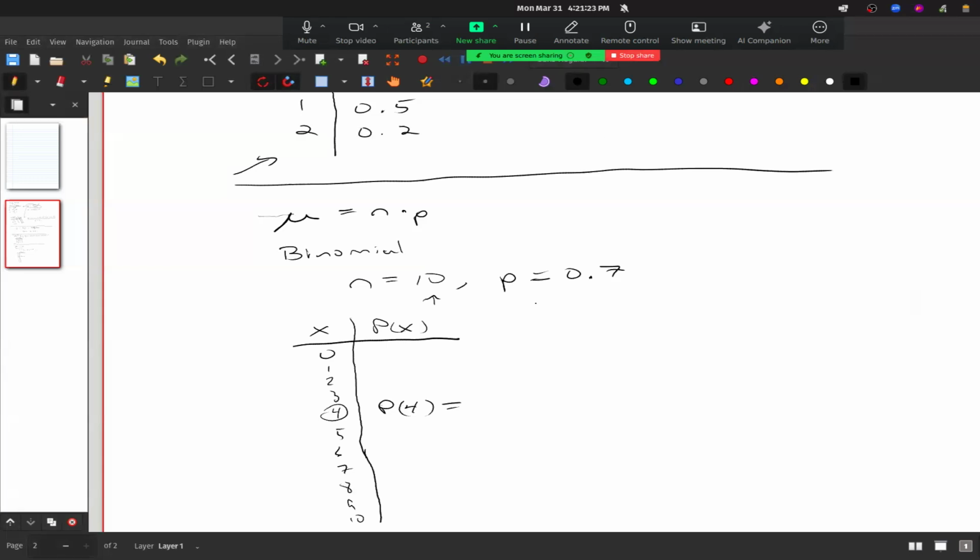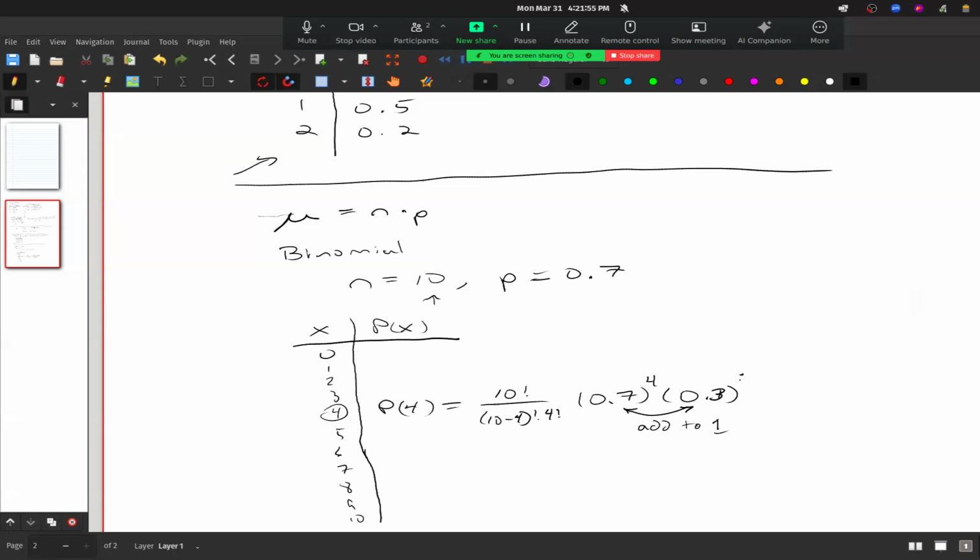If I'm just picking on 4, that formula would say: do 10 factorial divided by 10 minus 4 factorial times 4 factorial, times the probability of success to the 4th, times the probability of failure, which is just 1 minus the probability of success. So these two always need to add up to 1.